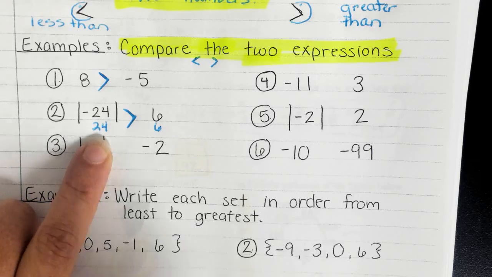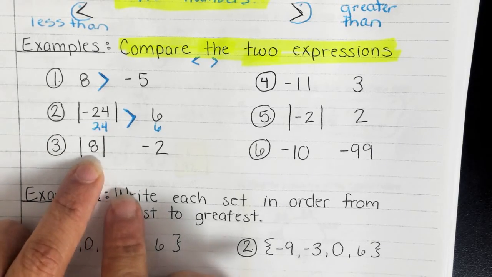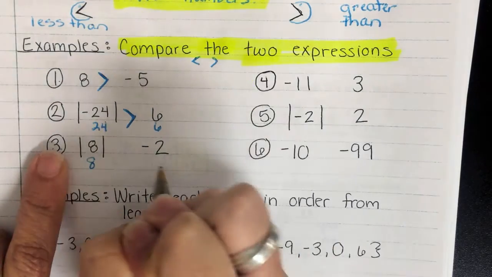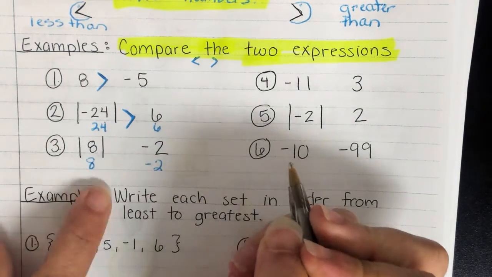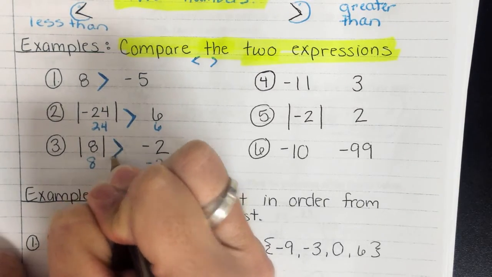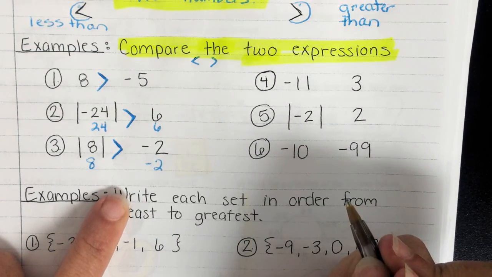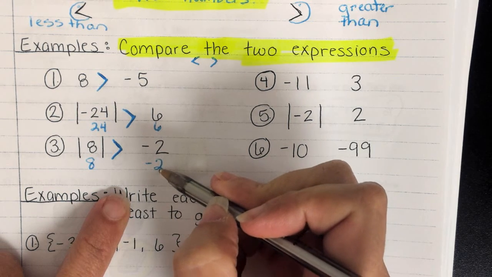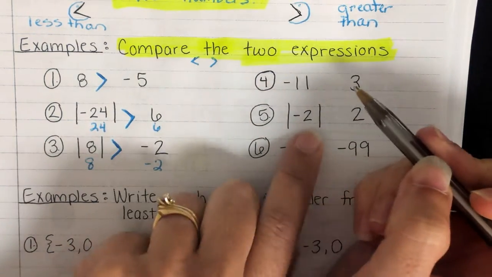Everybody good? Okay. On this one, the absolute value of 8 is 8. We got a -2, so which one's bigger? 8. Does it have absolute value bars? Nope, it just stays -2. Okay, number 4.